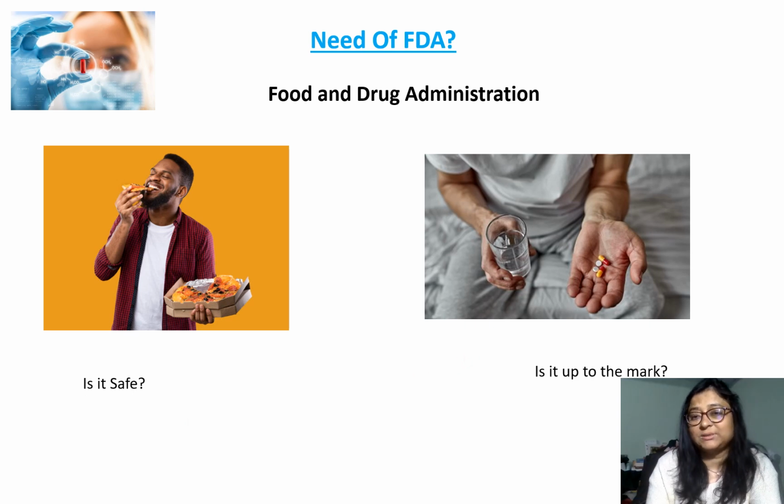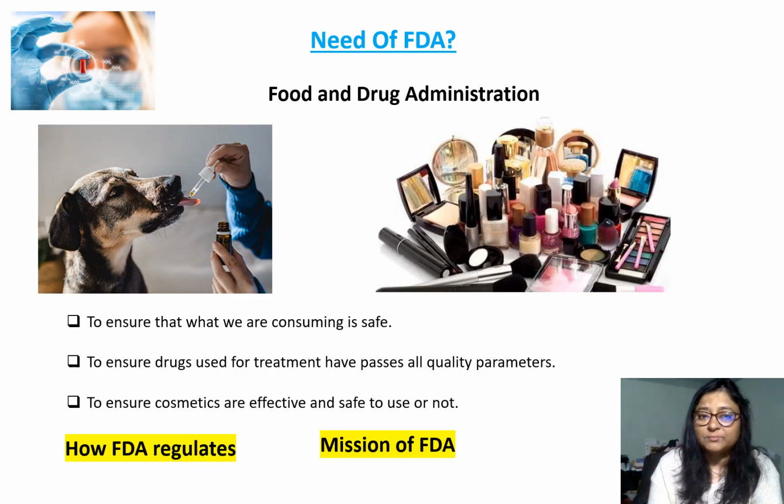And if it is safe, is it safe for everyone, or are there many side effects? Is it safe for some particular group of people or not safe for some particular group of people? All these things are administered by the FDA. So they ensure that what we are consuming is safe.